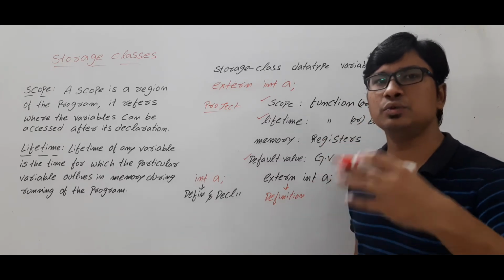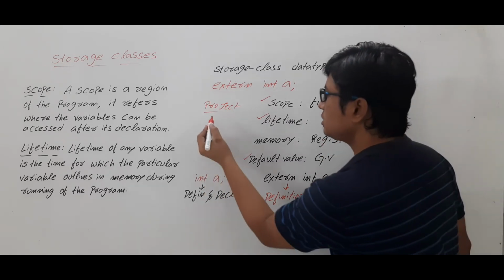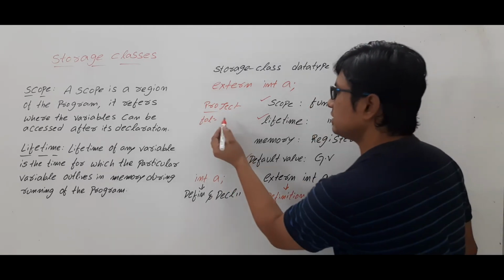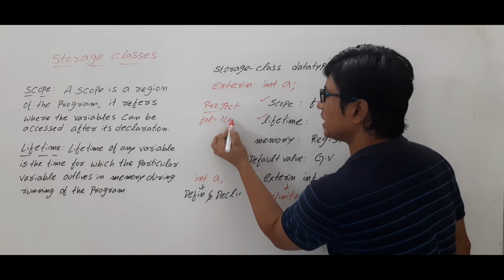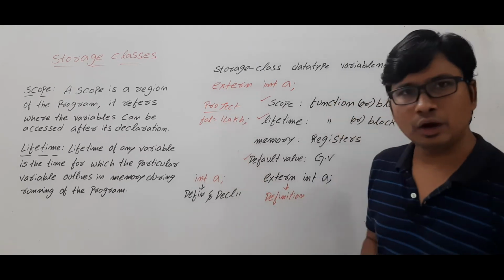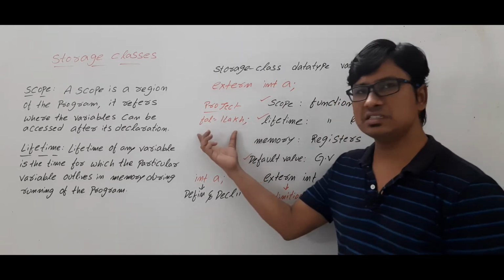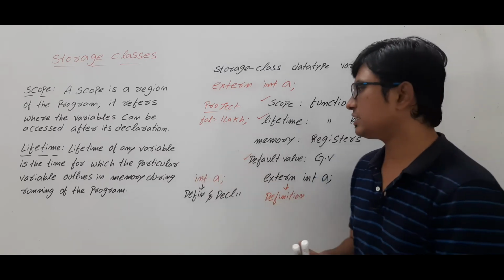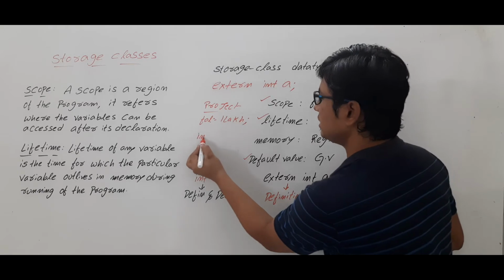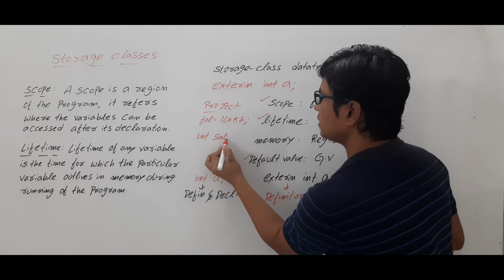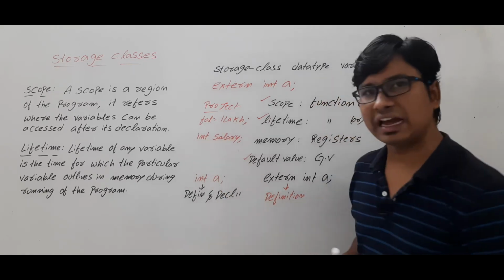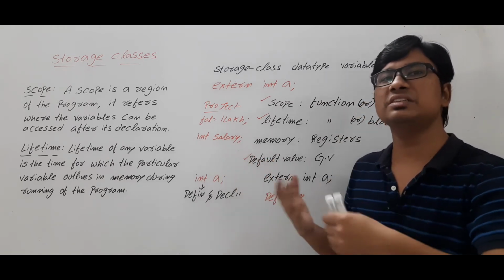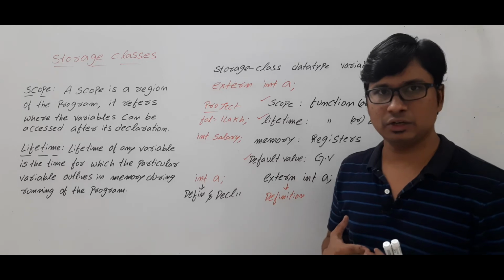Suppose a particular faculty salary is there, which is 1 lakh. You write it as int salary. Now you want to access this variable salary in several files. Are you able to understand?